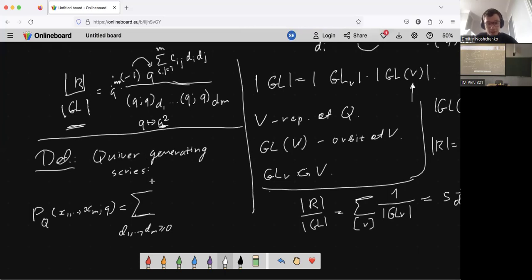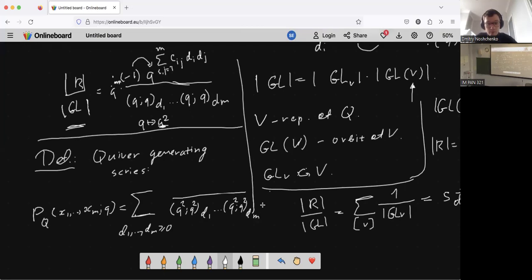So the final expression that we end up with would be q squares everywhere, d_1 up to d_m, and here would be the minus, which we put inside the summation.